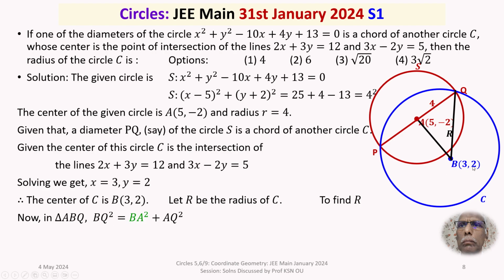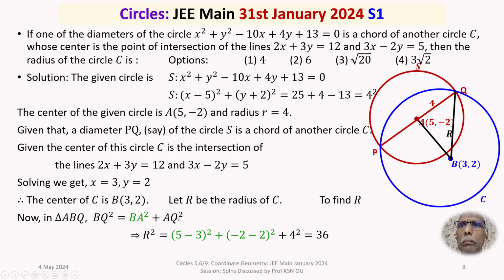The coordinates of B 3, 2, coordinates of A 5, minus 2 are known. So for BA square, we use the distance formula. And BQ square is R square. R square is equal to BA square, that is 5 minus 3 whole square plus minus 2 whole square, plus AQ square. We are finding BQ square, capital R square. So AQ square is 4 square.